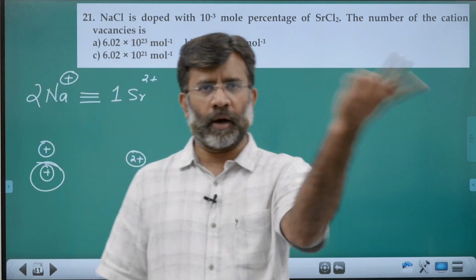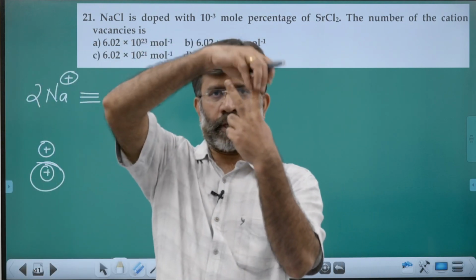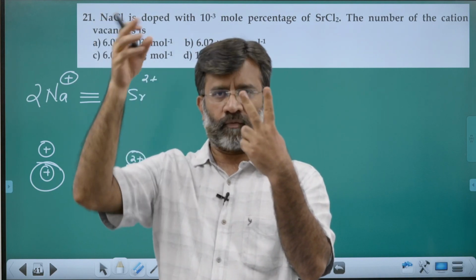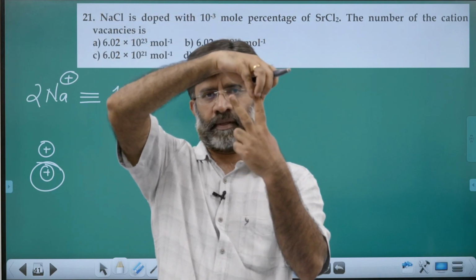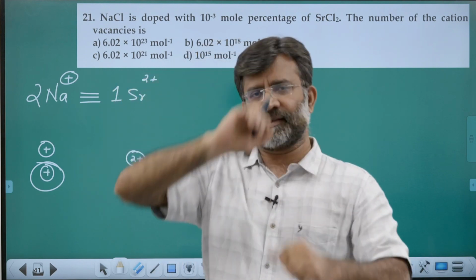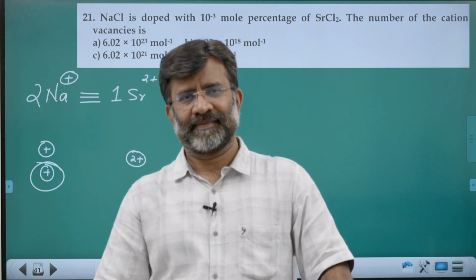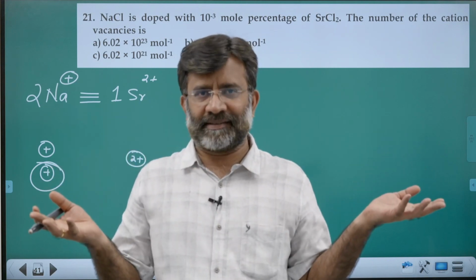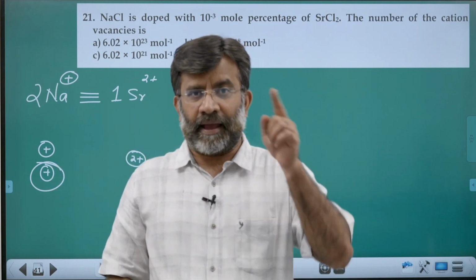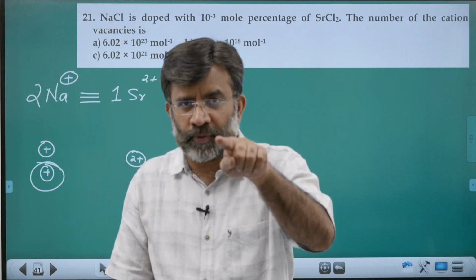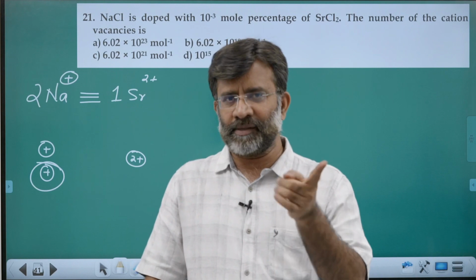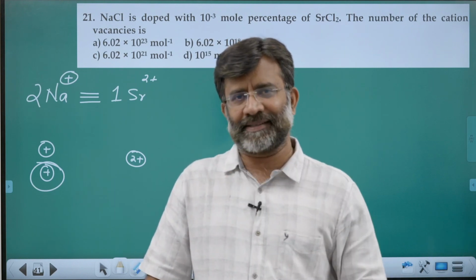Two sodium positions become vacant, and out of those 2 positions, 1 position is occupied by strontium. That means 1 position will remain vacant.